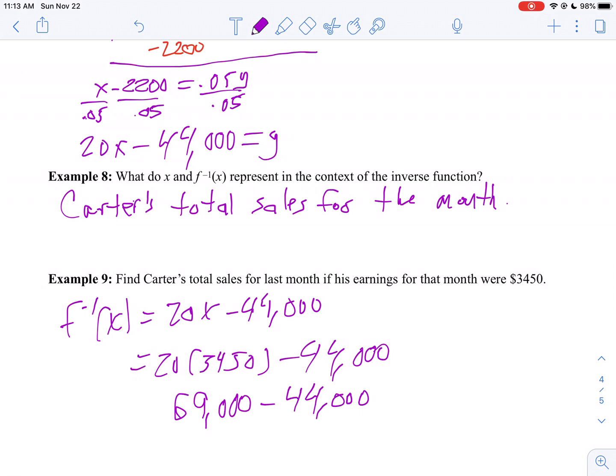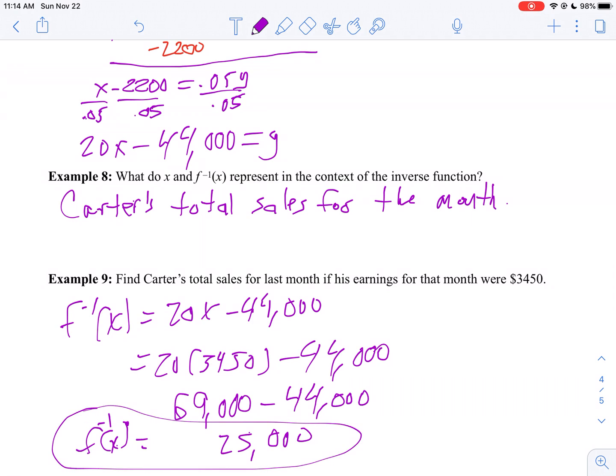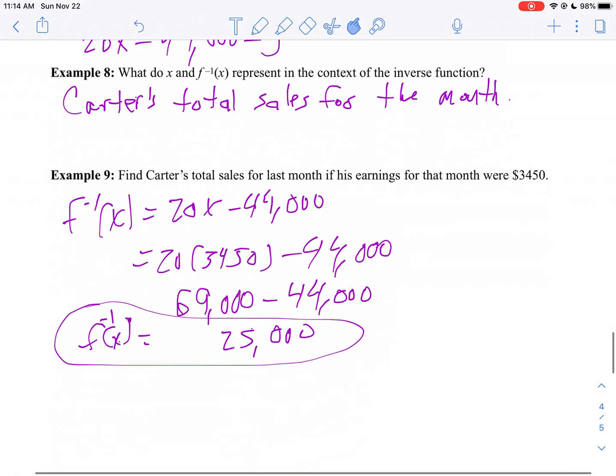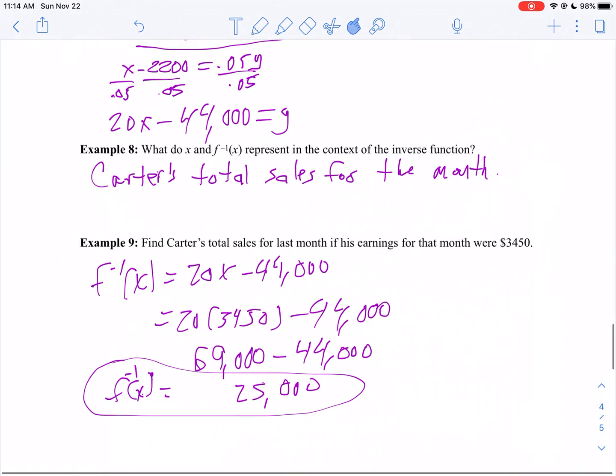And 69,000 minus 44,000 is 25,000. That would be his total sales last month if he made $3,450 for his paycheck. So it's just applying our inverses to a novel situation.